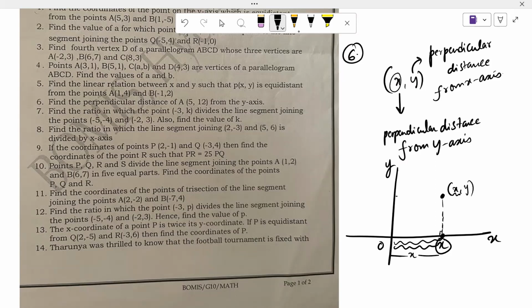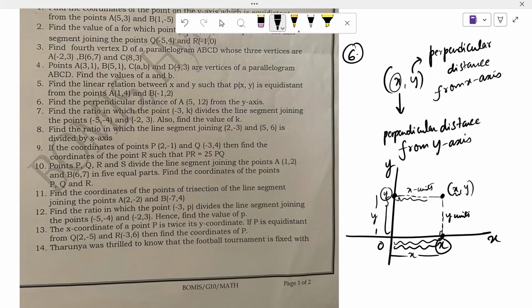And next, suppose you draw a perpendicular line from the y-axis, so it is touching the y-axis, right? So this distance is y units, from here to here. And this is y units, and this is x units.